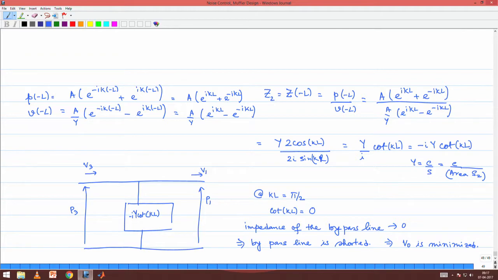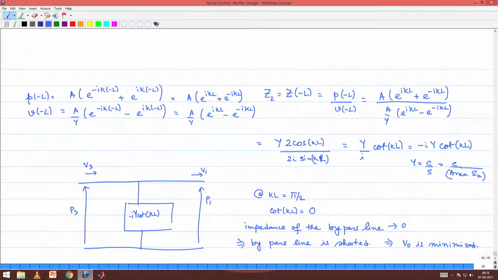So, in contrast with the Helmholtz resonator, this resonator also has this same feature, that it offers a bypass line which, at least for some frequencies, you are able to tune. Let us say you are able to tune the length of this parameter capital L and bring it into a form such that kL equals pi by 2, you will achieve exactly the same condition as the Helmholtz resonator.